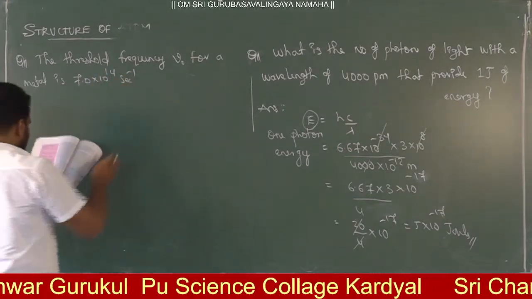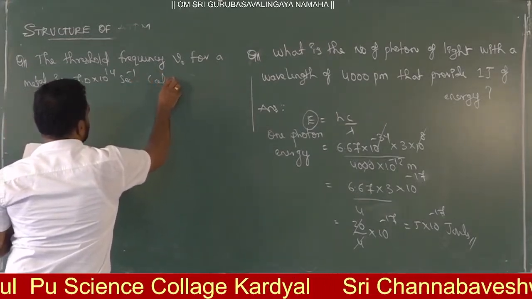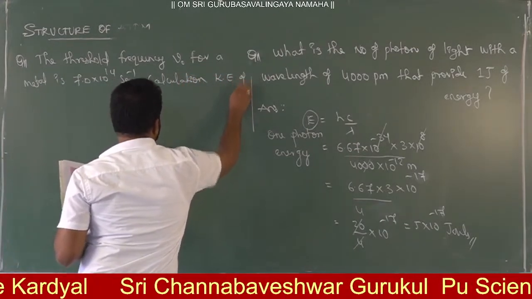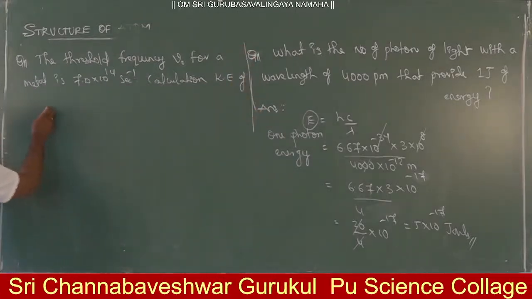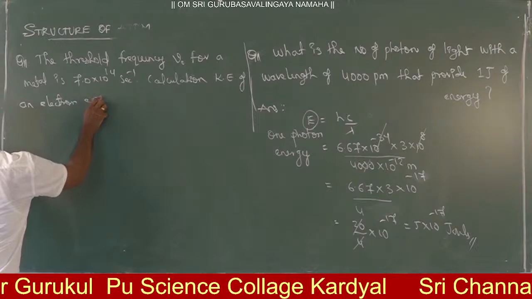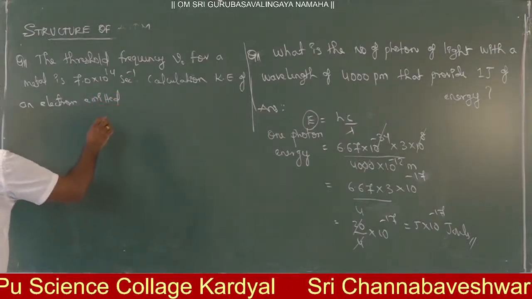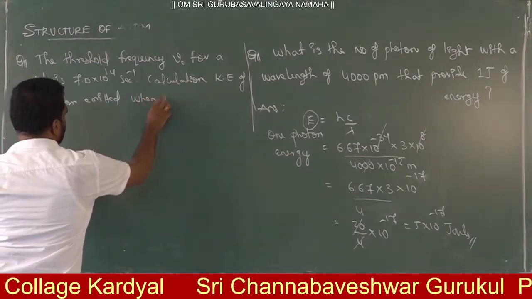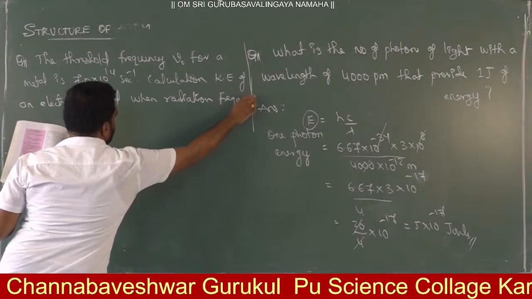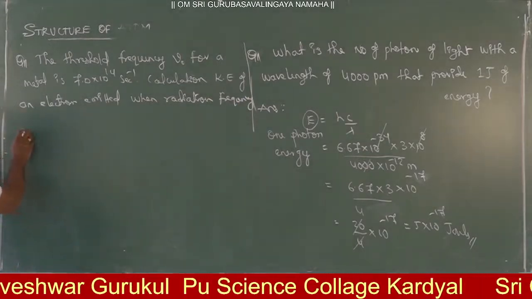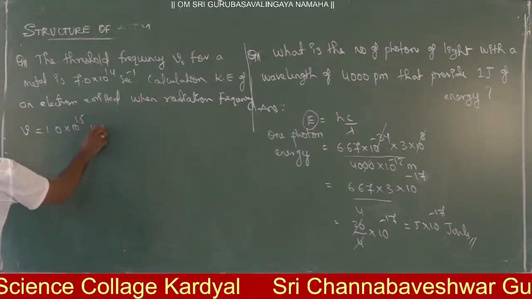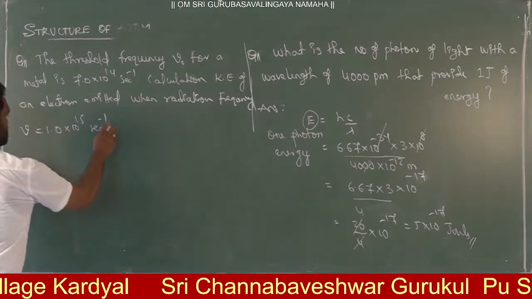Calculate the kinetic energy of an electron emitted when radiation of frequency nu, which equals 1.0 into 10 power 15 second inverse, hits the metal.